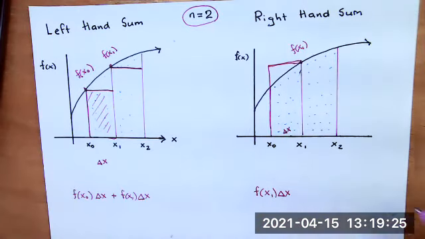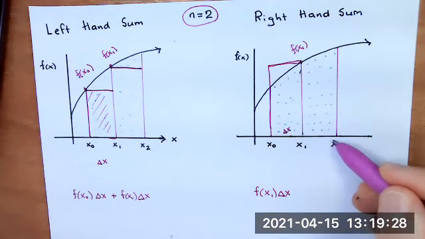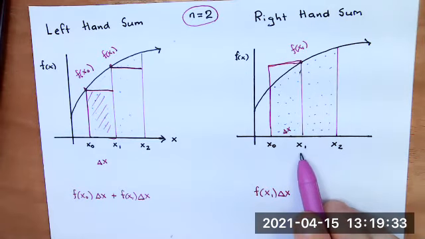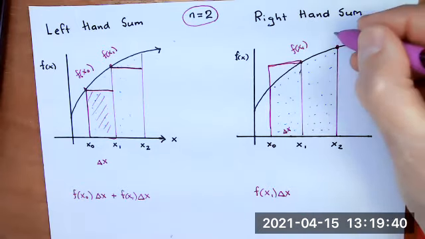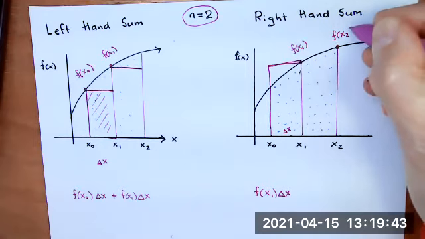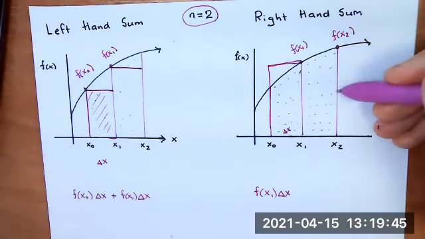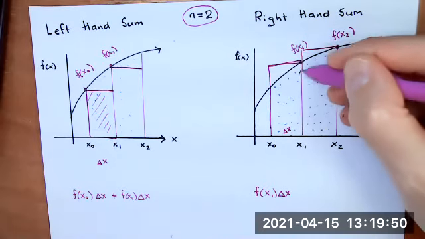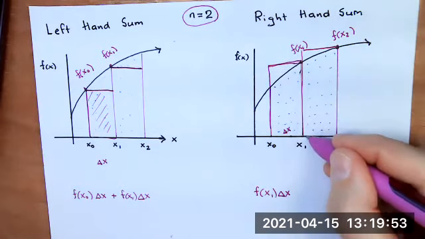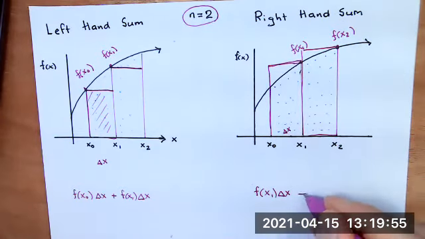And then for the next interval, which goes from x1 to x2, are we going to use the height from x1 or x2? If you said f of x2, you would be correct. So it's the height, f of x2, times the width, delta x, and that's the area of this rectangle.